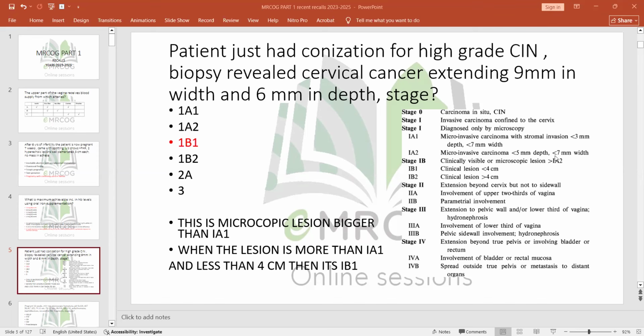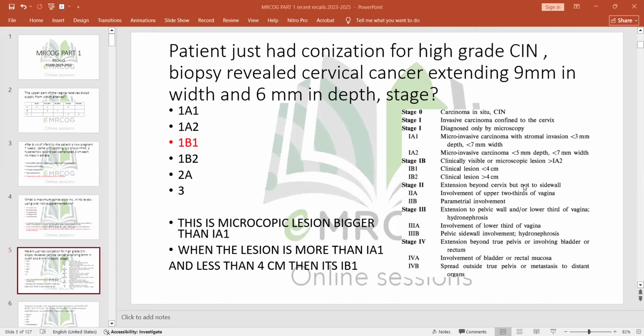Again, when you are having something less than 4 centimeters, but at the same time, it is more than 5 millimeters, now I'm stage B. More specifically, B1. Still, we are having the same. This previously was 5, not 4. It's now 4. But the same stage 2, the same stage 3, and so on.